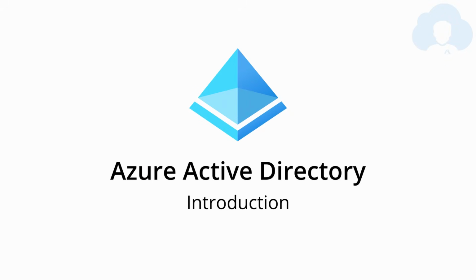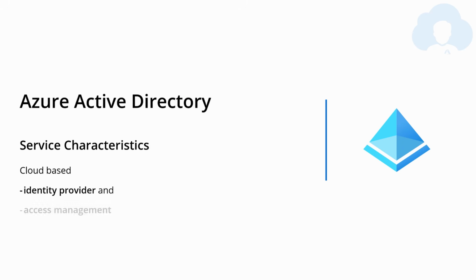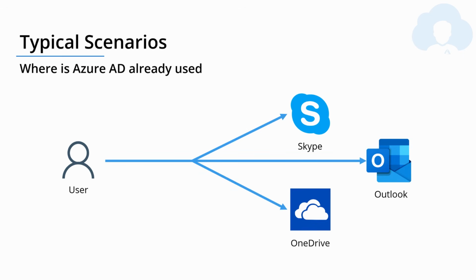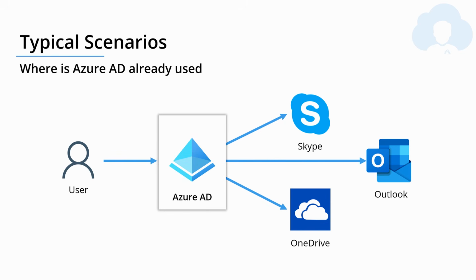Azure Active Directory is your cloud-based identity provider but also access management service. And if you use any of the services like Skype, OneDrive, or Outlook, you already are a customer and the user of Azure Active Directory because it is a centralized service for all of those services.